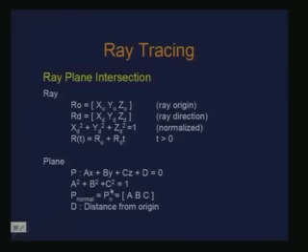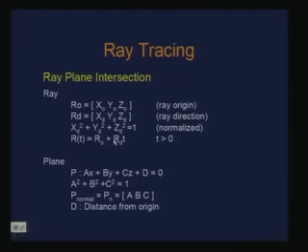I can assert that (a, b, c) gives me a unit vector, so a square plus b square plus c square is equal to 1, which in turn also defines the normal of the plane. So, I do not have to compute the normal of the plane explicitly; I know it from the equation of the plane itself, and d is nothing but the distance from the origin. So, this is the equation of the plane I have.